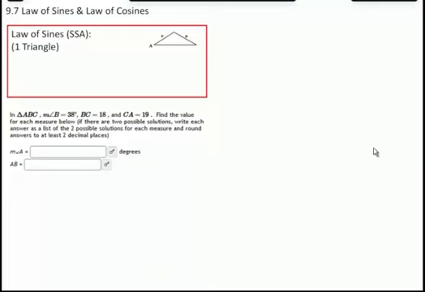Here, if side A is larger than side C, with those labels right there, if the side opposite the given angle is greater than the other side, you're just going to use law of sines to find the angle that's opposite side C. So we'll find angle C. And once you find that, you can use triangle sum to find the other angle.